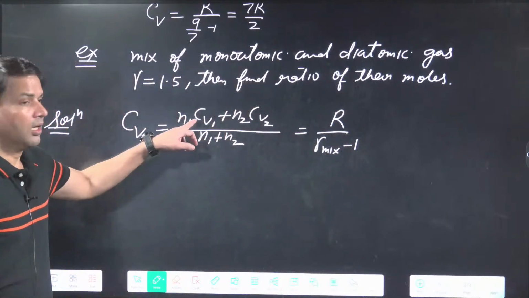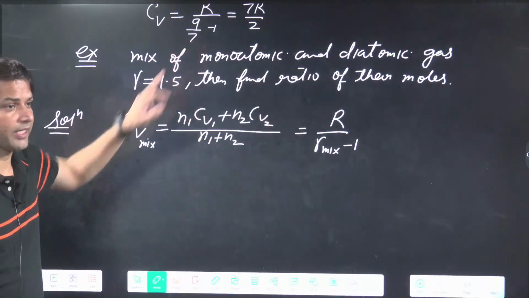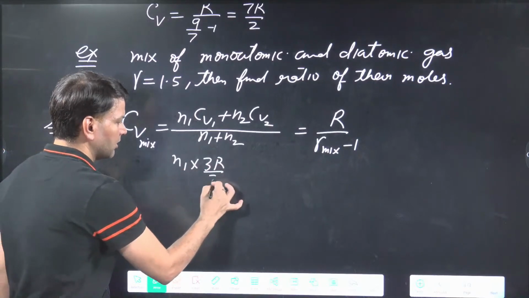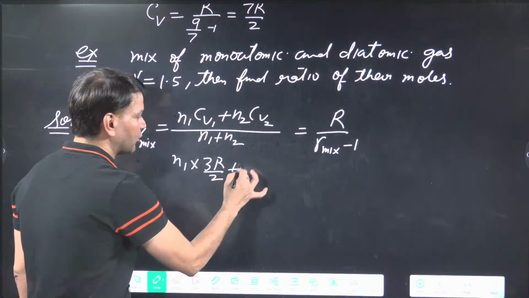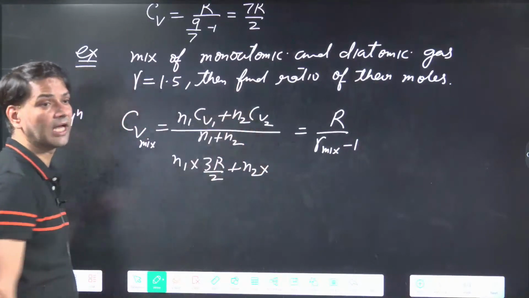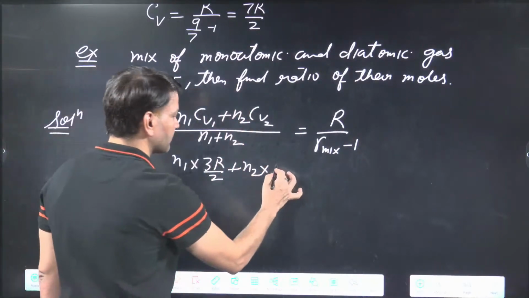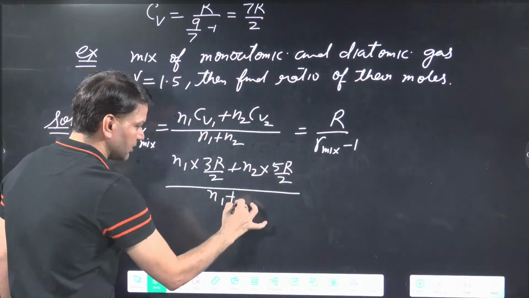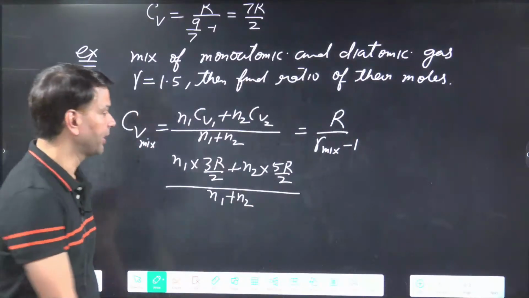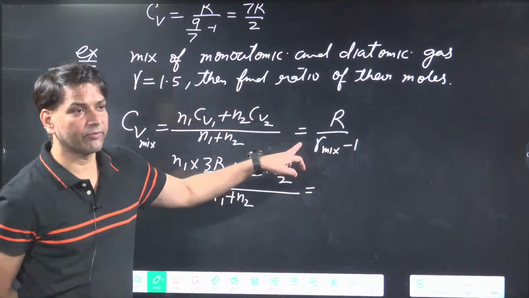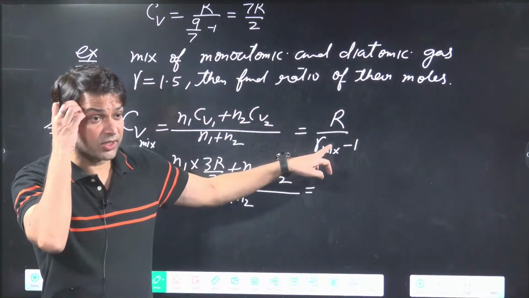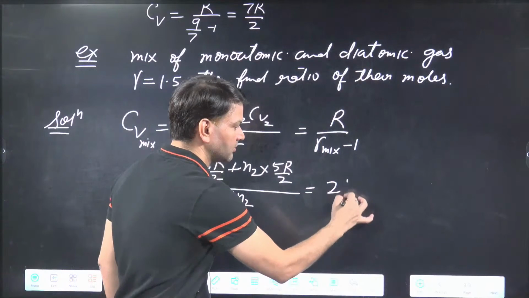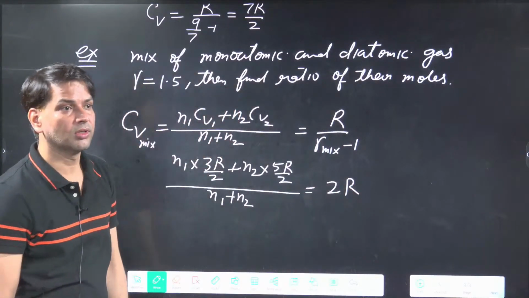Cv1 for the monatomic gas is N1 into 3R by 2, plus N2 into the diatomic Cv, 5R by 2, upon N1 plus N2. That will be equal to R upon gamma mixture minus 1. Gamma mixture is 1.5, so 1.5 minus 1 is 0.5, which is 1 by 2, so you will get 2R. Yes or no?